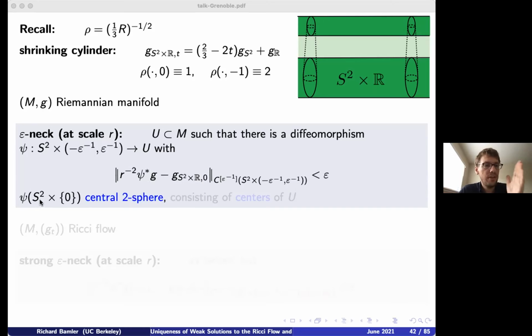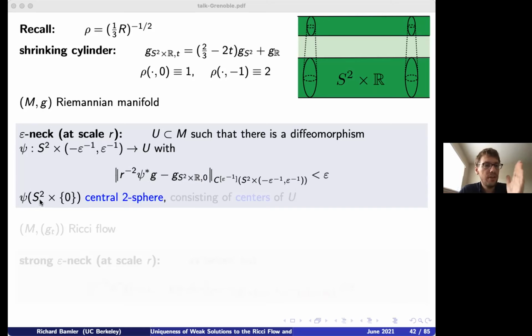There are many central two-spheres because I can always deform them slightly, but if I see one, I call it a central two-sphere. The points of the central two-spheres I will call centers. A center of an epsilon neck is just a point that's sufficiently far within this epsilon neck.